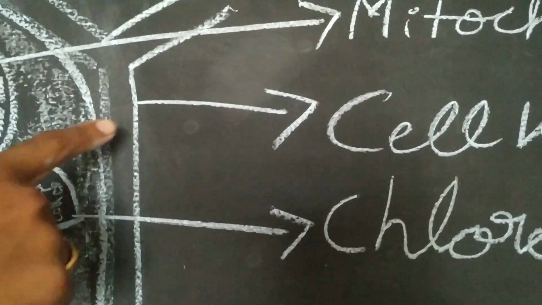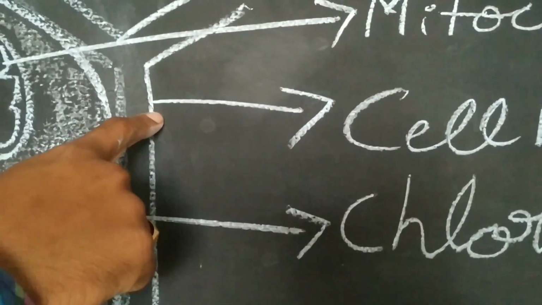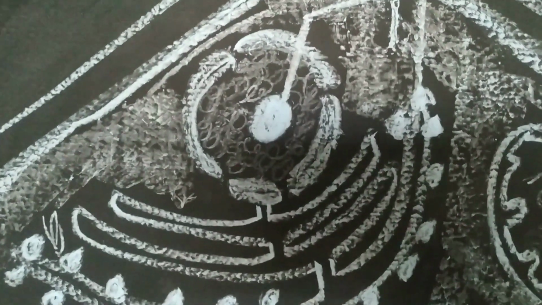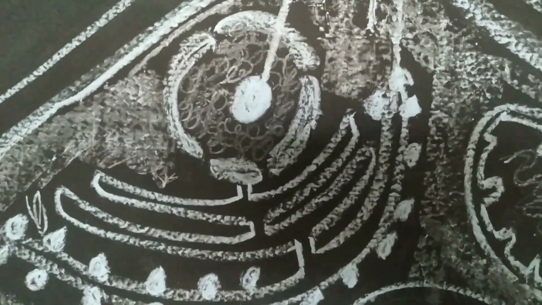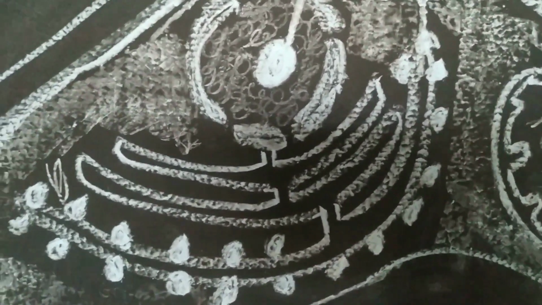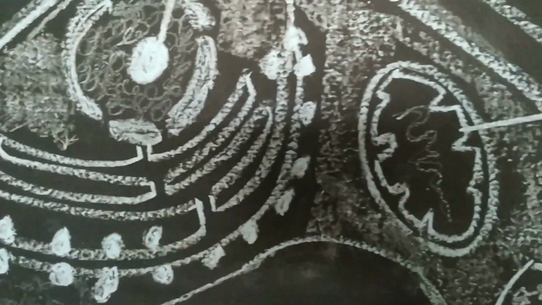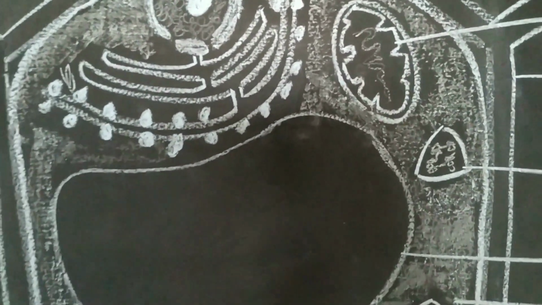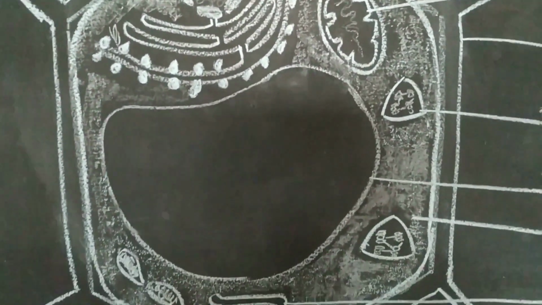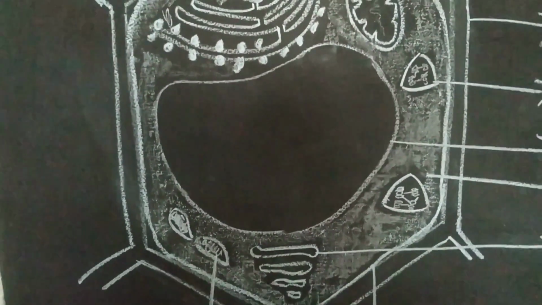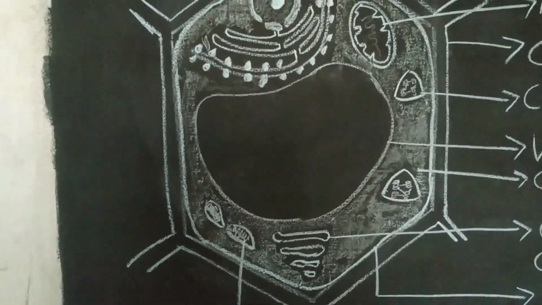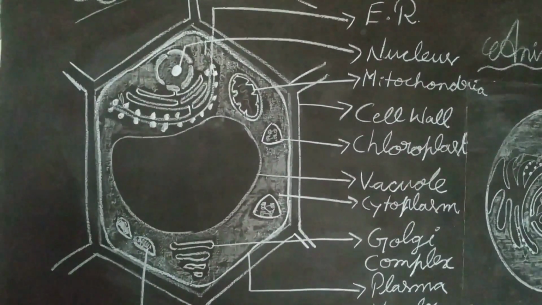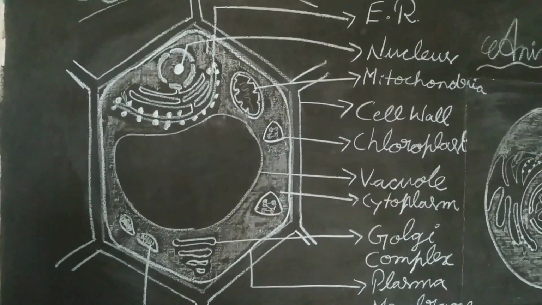And this is finally the cell wall, which is the protecting layer of a cell. This is the overall view of a typical plant cell with the labelings.